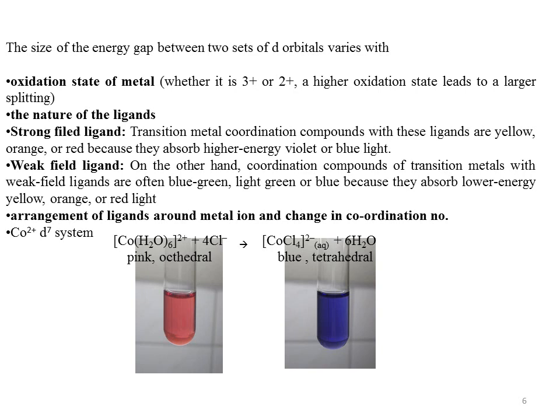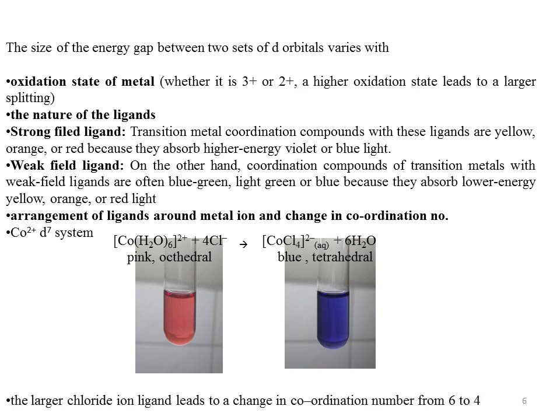You can see as the water is replaced by chloride ligands, not only is the coordination number changed, but we are having a change in geometry as well. The color is changing, and along with it the coordination number is changing and the geometry is also changing. Why is the geometry going to change?